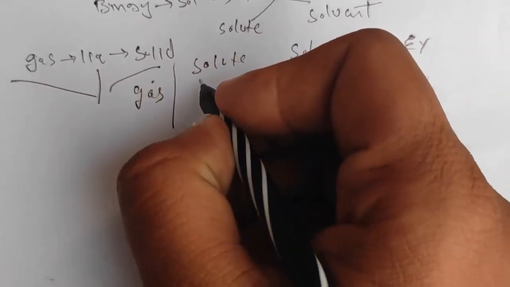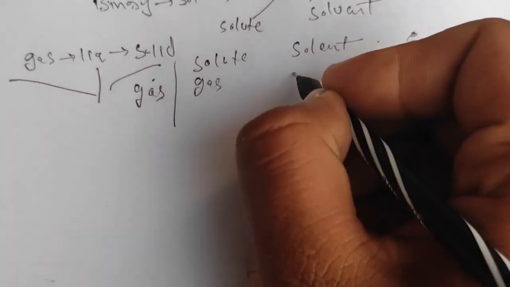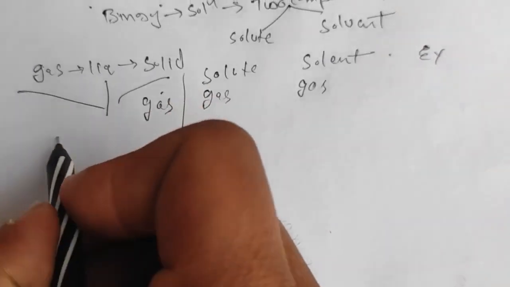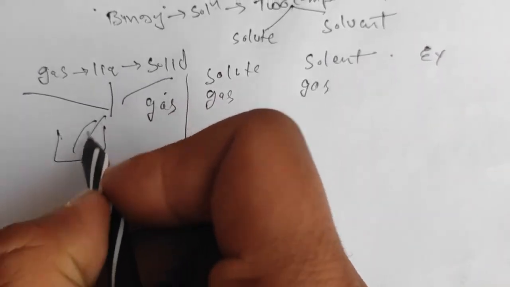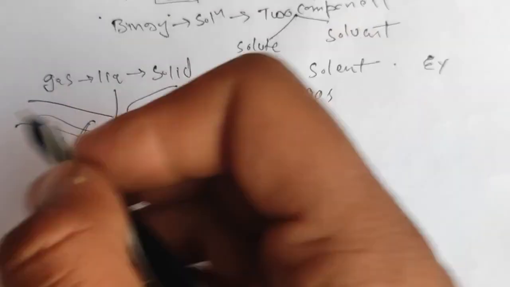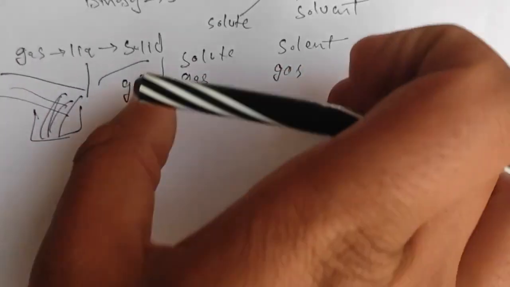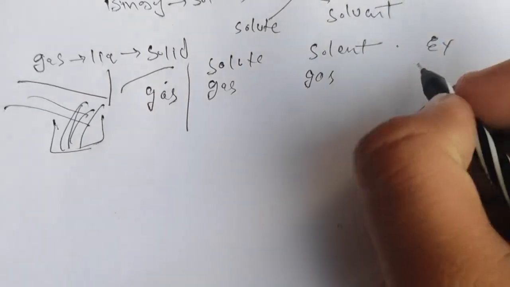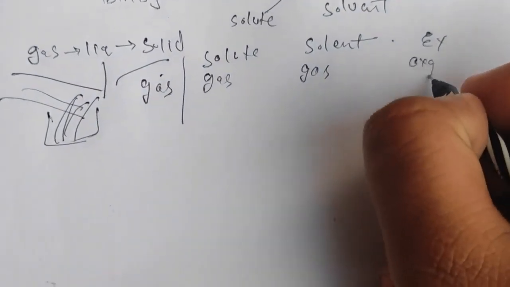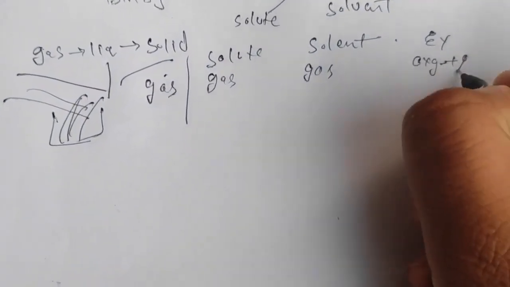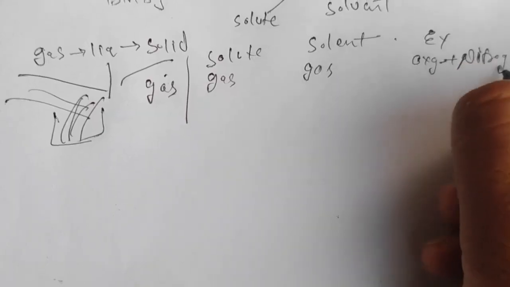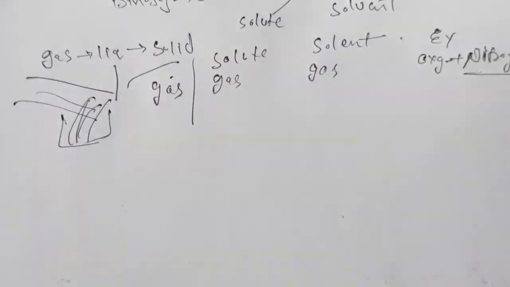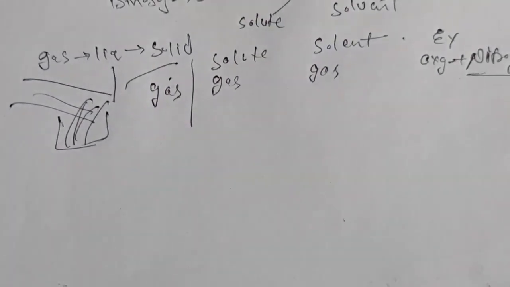For example, first we take the solute as gas and the solvent as gas. In a beaker everything is gas and we add some other gas. A simple example is oxygen in nitrogen. Here nitrogen is our solvent and oxygen is our solute.